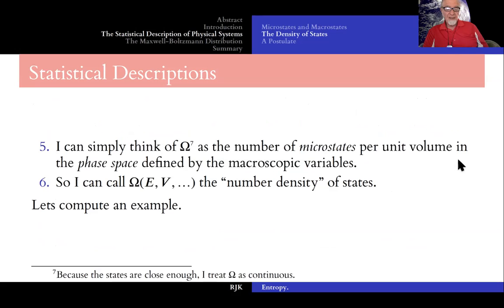I can think of omega as the number of microstates per unit volume in the phase space defined by the macroscopic variables, and we call that the number density of states.